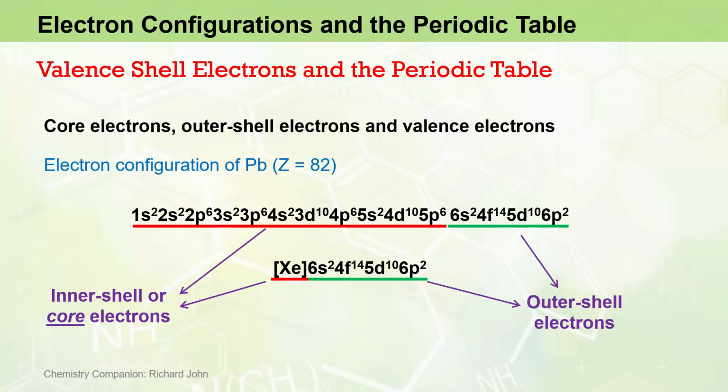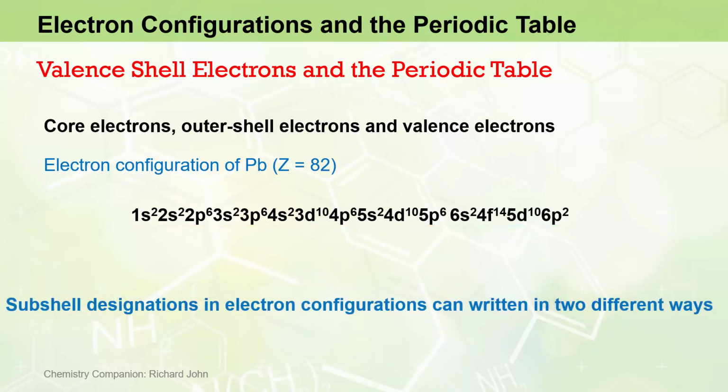Now it turns out that subshell designations in electron configurations can be written in two ways, using two different orders of subshell designation. The first involves writing the subshell designations in order of increasing energy, and this is the way we have represented it here at the moment.